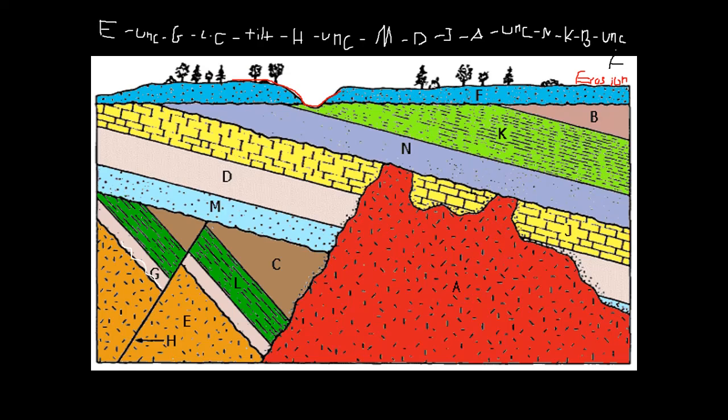Alright, so the first thing we have would be E. It's the one on the bottom, and everything else cuts through it.